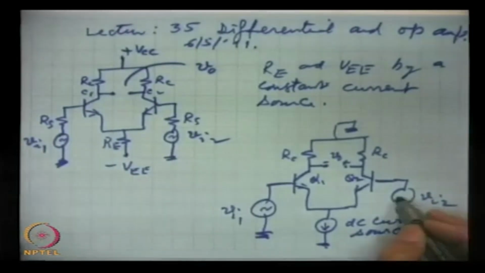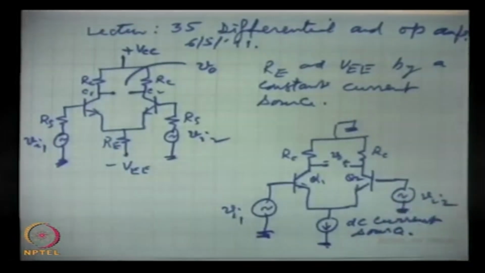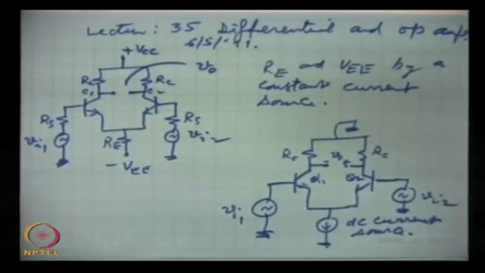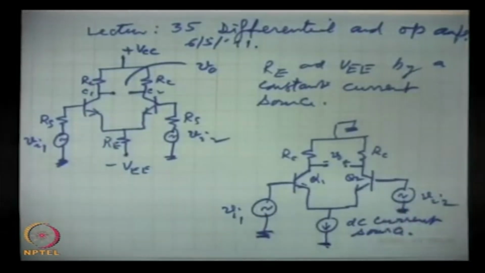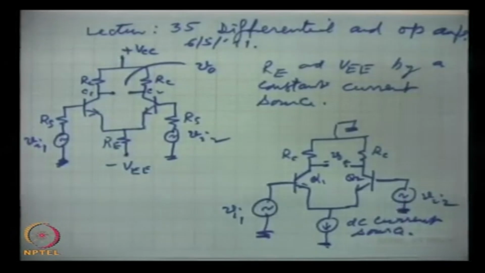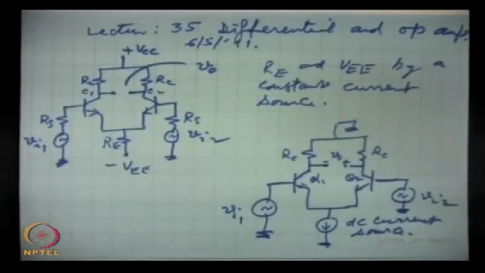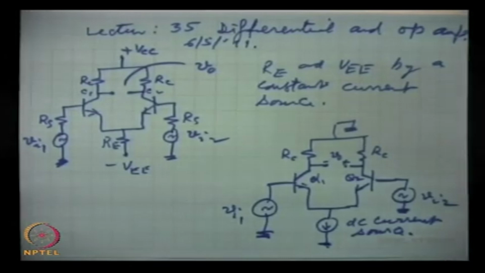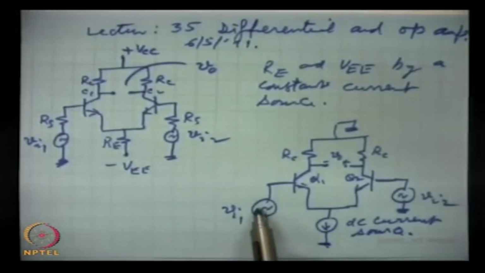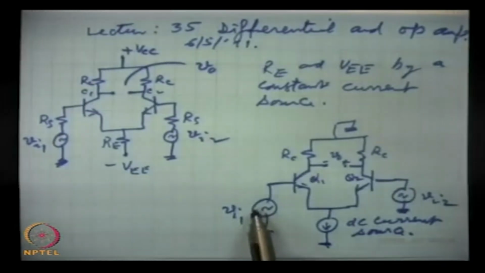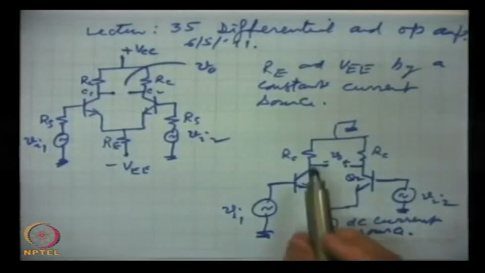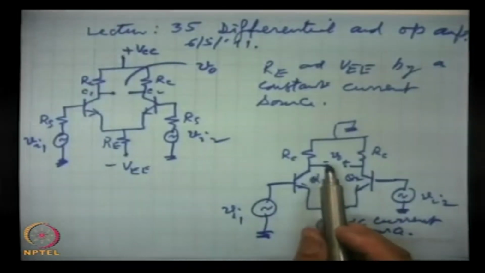Now, for the analysis, these are two sources. So we will use the superposition theorem. We will take one input source as active and ground the other one, and see what is the contribution to the output.